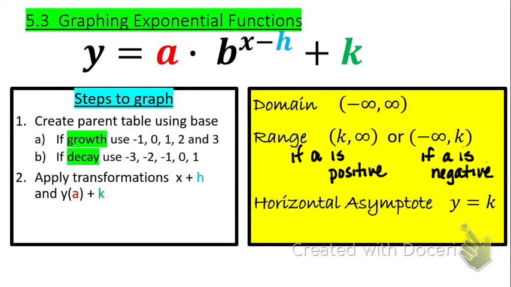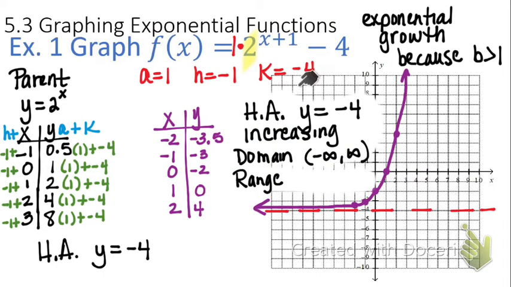The reason why it's not a bracket is because it's never going to equal -4. It'll be -3.999999, but it'll never be -4, okay? So our range is parentheses -4 to infinity. And that is our exponential graph. Any questions? Let's do another one.